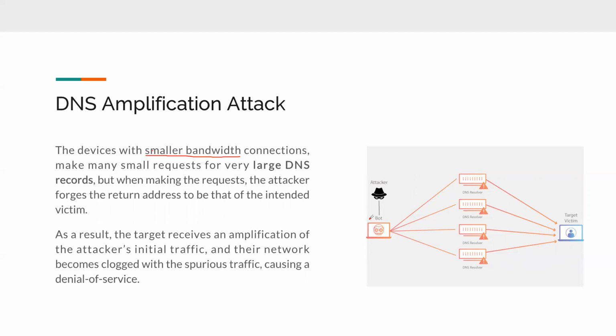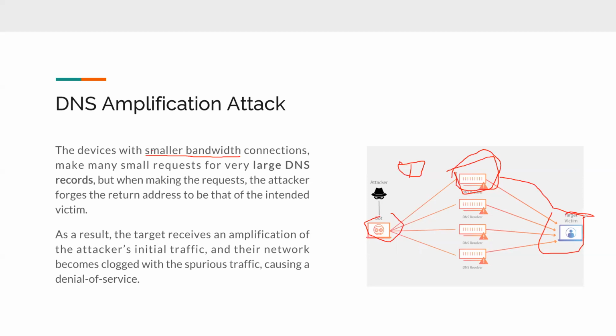Basically, it sends a very small request to the DNS server, where the source address is spoofed, and hence the DNS server replies to the victim instead of the attacker.